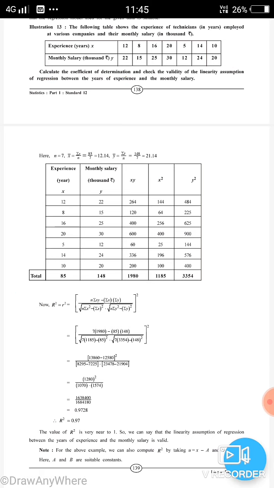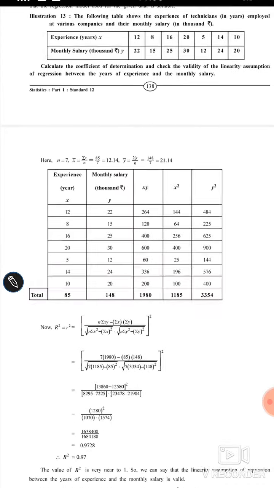Now first of all, we write down data in this form, right? We have written X values, we have written Y values. Now we find out X bar and Y bar.